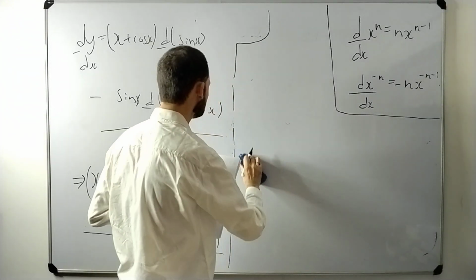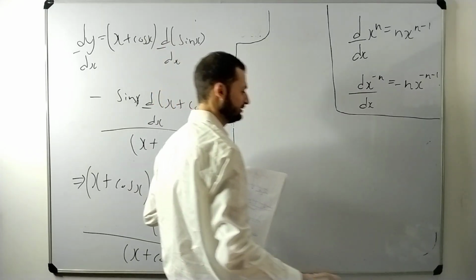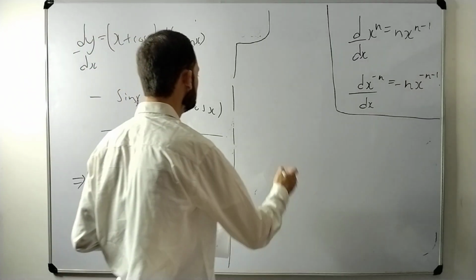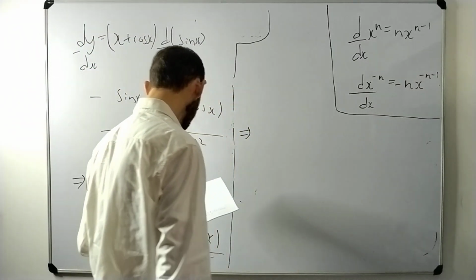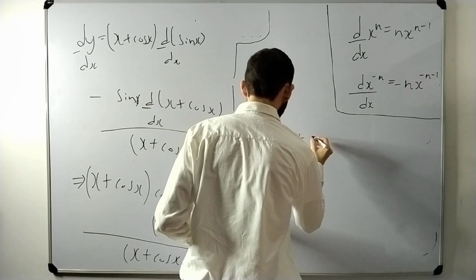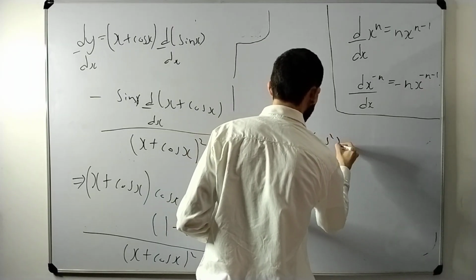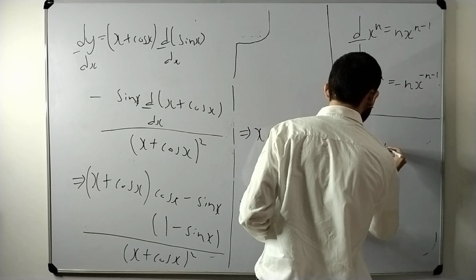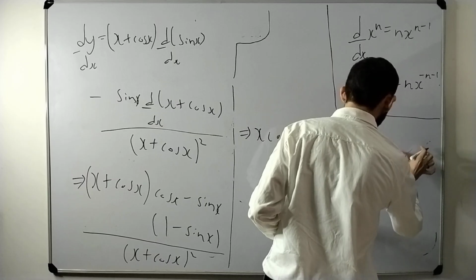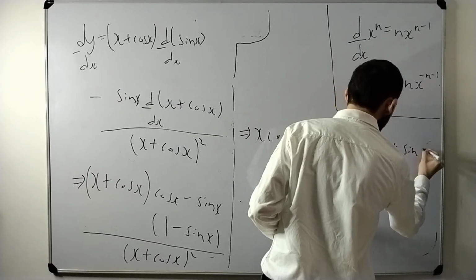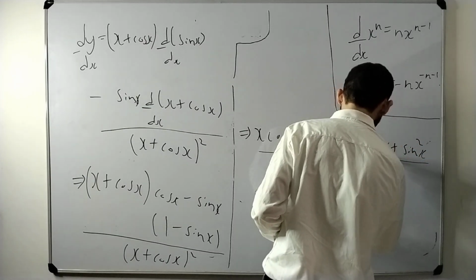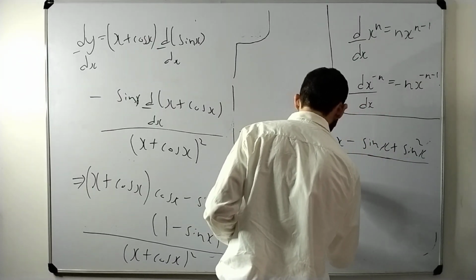differentiation is a beautiful topic, much easier than integration. So this is x cos x plus cos square x minus sin x plus sine square x. Yes, what you are saying is right. This should give us sine square x, and this gives us what, students? This is an identity that I have taught, x plus cos x.